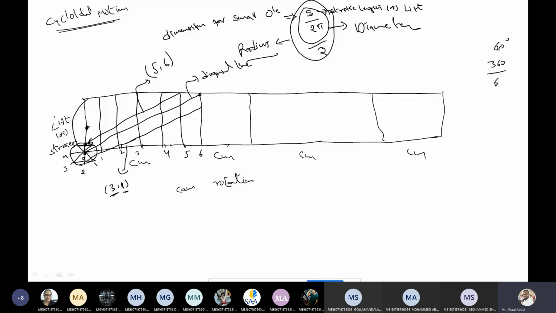So this first line is touching the first line here. Give that name as 1 dash. Now this line is also called the third line, so the third line is touching the third point here. Give the name as third point.